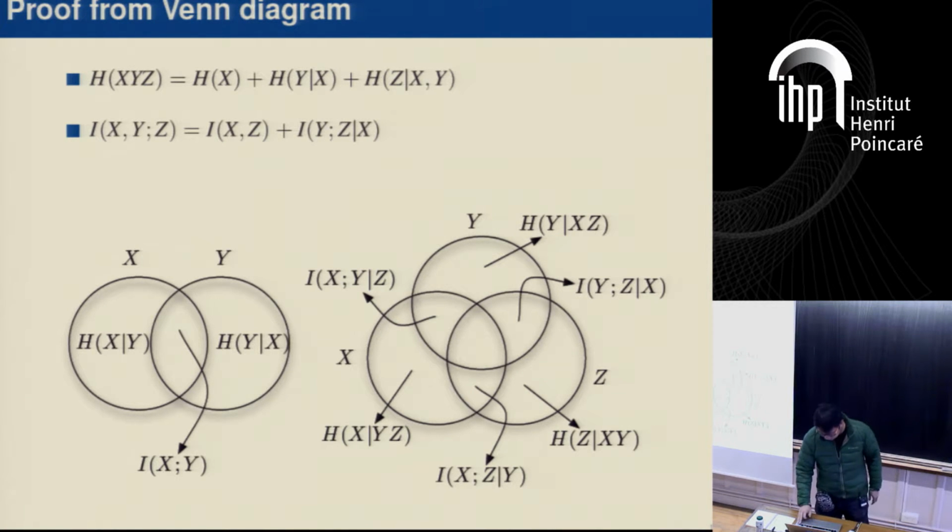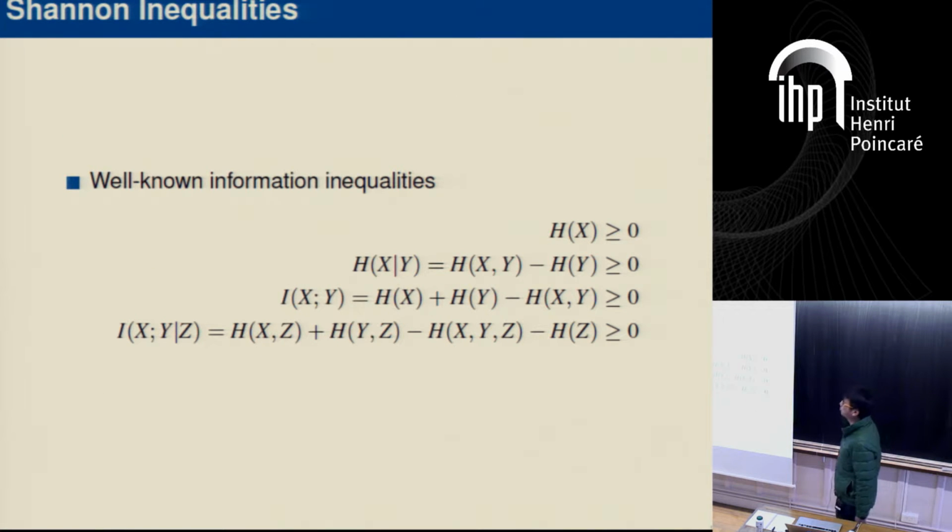So therefore, we obtain an equality here. This is a very useful way to recover the chain rule from the Venn diagram if you forget how to prove it. So far, we have come across a few important inequalities corresponding to the non-negativity of the entropy, conditional entropies, mutual information, and conditional mutual information.